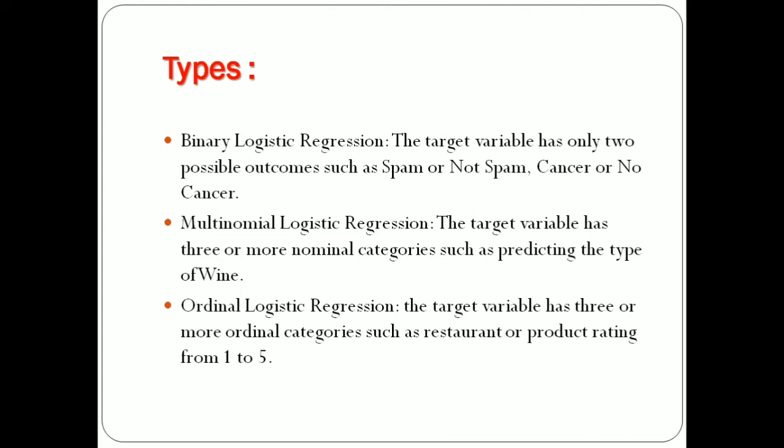In multinomial, the target variable has three or more nominal categories, whereas in ordinal, the target variable has three or more ordinal categories. So what is nominal and what is ordinal? Nominal is a group of non-parametric variables, whereas ordinal is a group of non-parametric ordered variables. What is the difference in simple language?